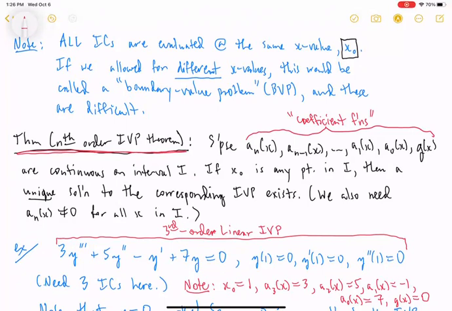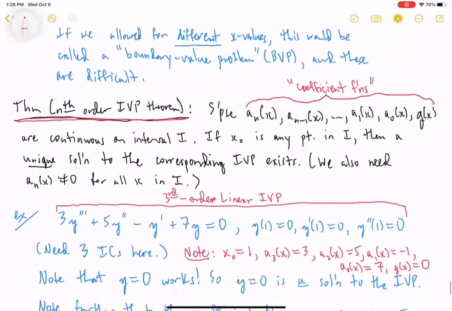If I plug it into the derivative, I get 0. And if I plug 1 into the second derivative of the 0 function, I get 0. So y equal to 0 works. But by the nth order IVP theorem, y equal to 0 has to be the only solution. Don't you see? Yeah.